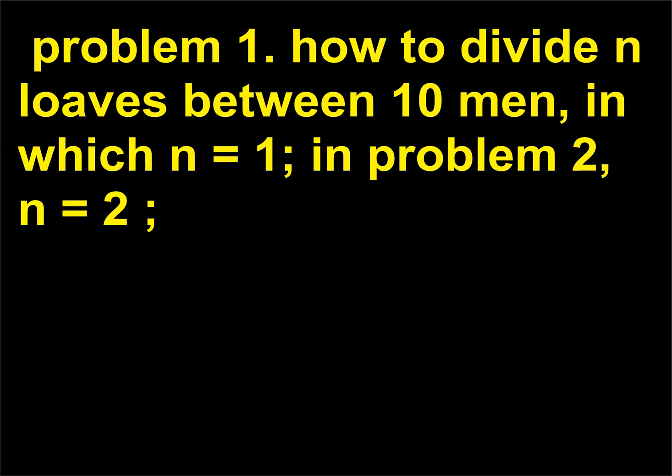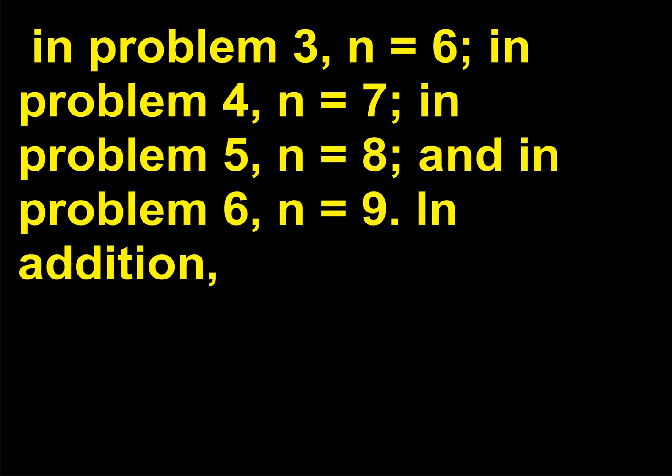Problem 1. How to divide n loaves between 10 men, in which n equals 1, in problem 2, n equals 2. In problem 3, n equals 6, in problem 4, n equals 7, in problem 5, n equals 8, and in problem 6, n equals 9.